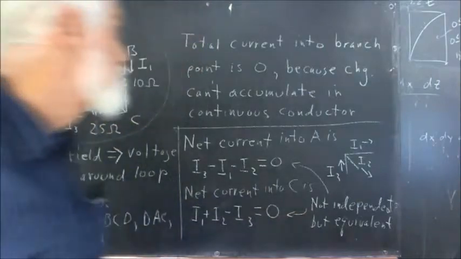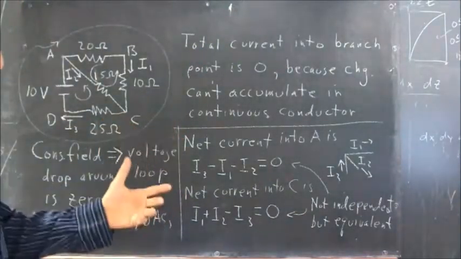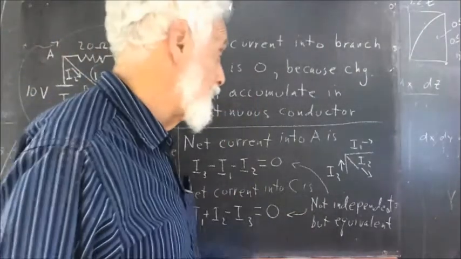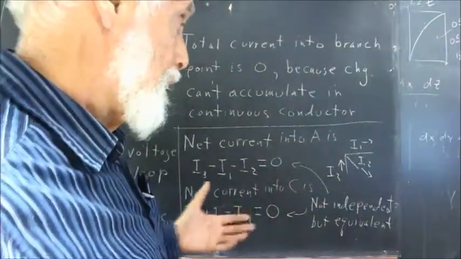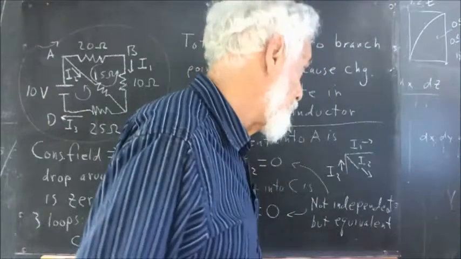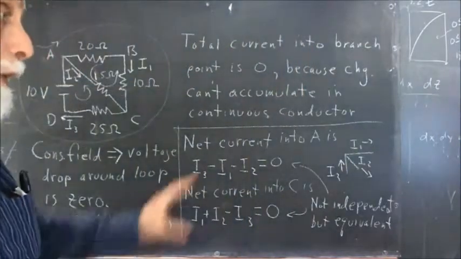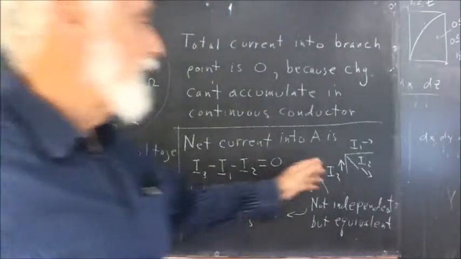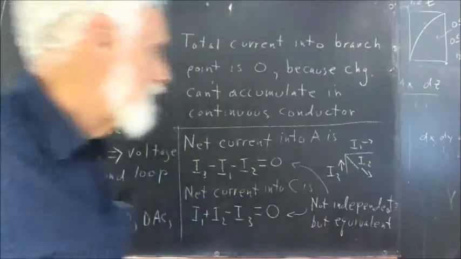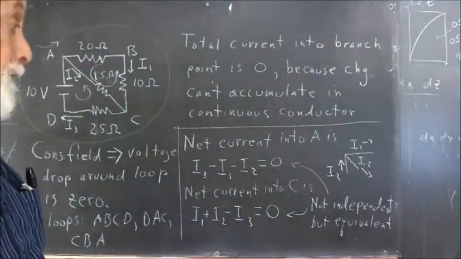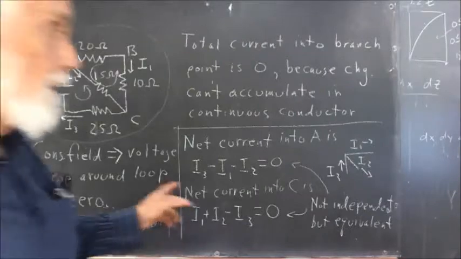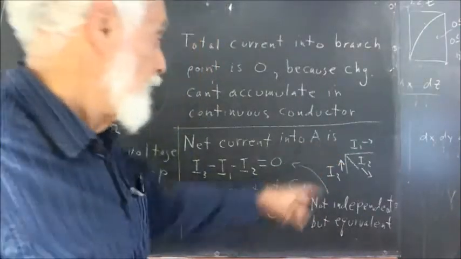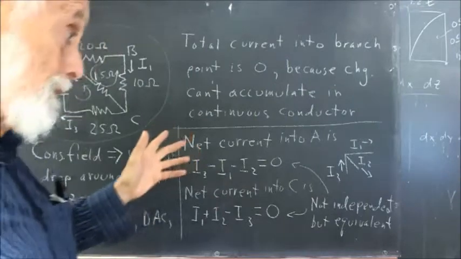Now, total current into a branch point has to be 0 because the branch point can't accumulate charge. These are conductors. They can't accumulate charge. There's no capacitor here, so charge can't build up within the conductor. So in this case, the net current into point A is what?